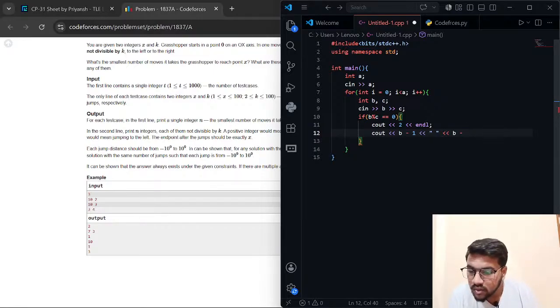What if it is 1? Chat, what if it is 1? Okay, first I have to write, after then I have to code, but I did not think about 1. 10 and 3. If 10 mod 2 equals 0, then I'll just print 10 minus 1. What if it is 1?